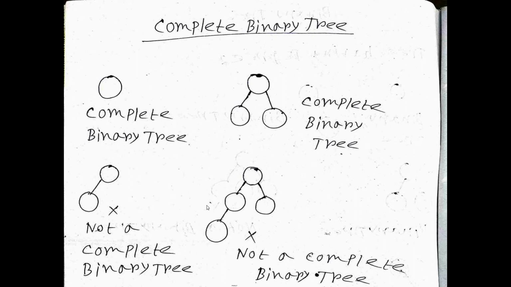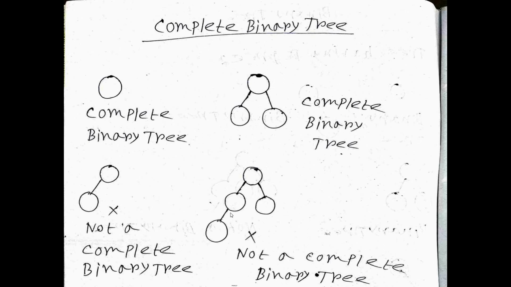This is another way. Okay, is this a complete binary tree? This is a complete binary tree. Now, if you clearly observe, how many children are there? Here there are 2 children, okay, fine.